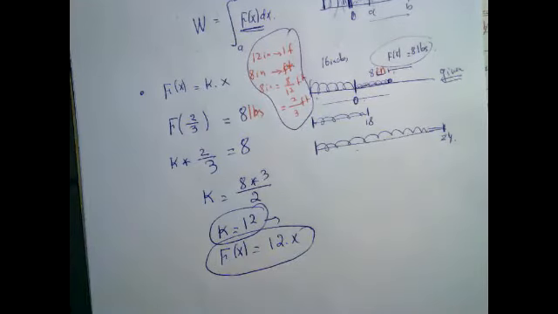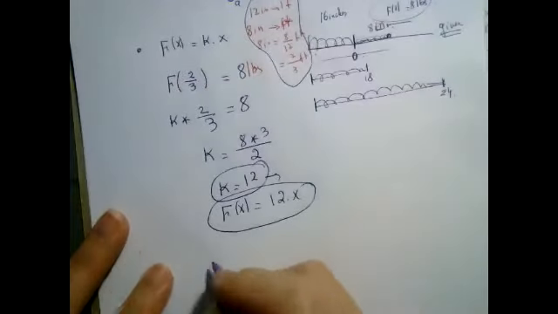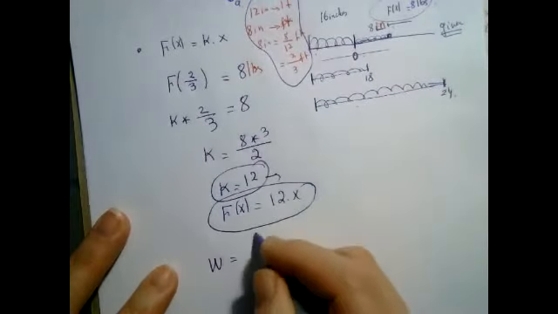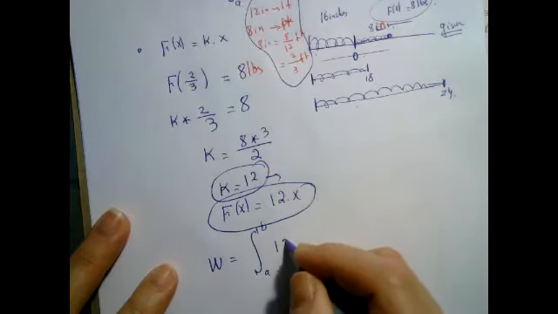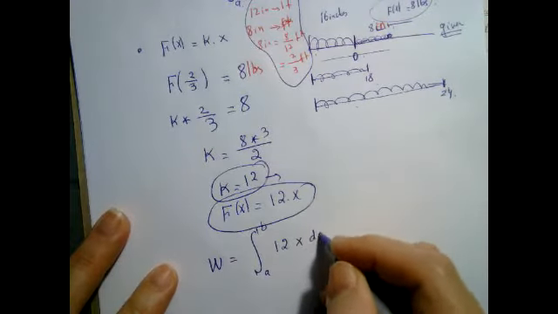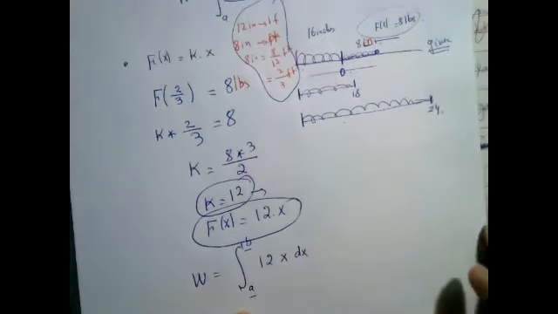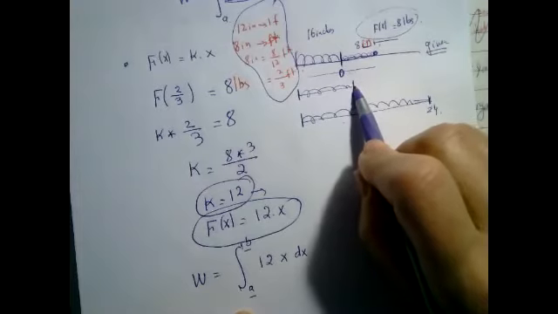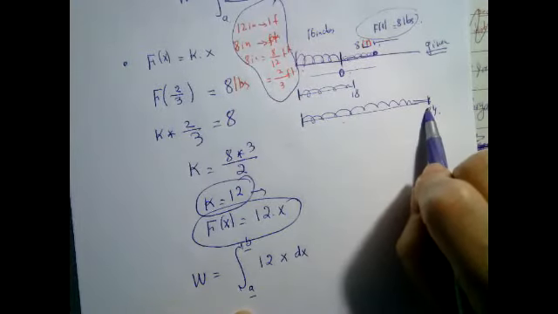No problem. Now, the work. What's the work? The work is the integral from A to B of the force, which now we have a formula for. Now, what is A and what is B? We want to move it from a length of 18 inches to a length of 24.